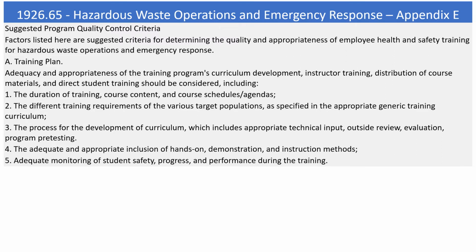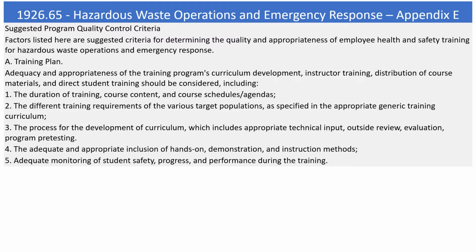Training plan. Adequacy and appropriateness of the training program's curriculum development, instructor training, distribution of course materials, and direct student training should be considered, including 1. The duration of training, course content, and course schedules/agendas. 2. The different training requirements of the various target populations, as specified in the appropriate generic training curriculum. 3.